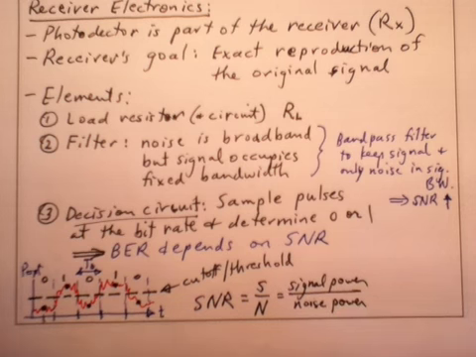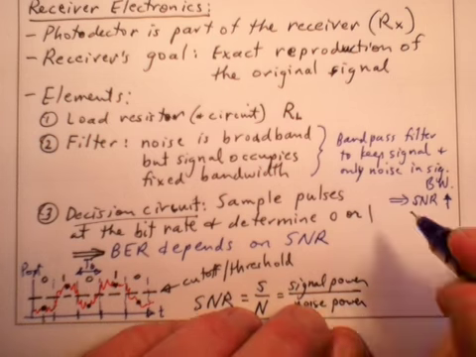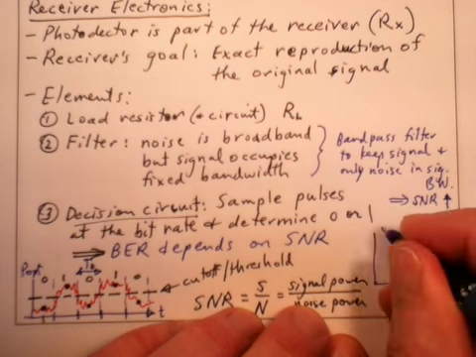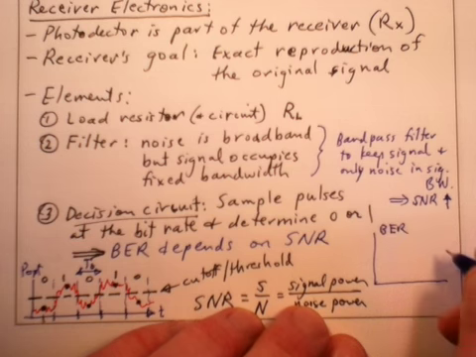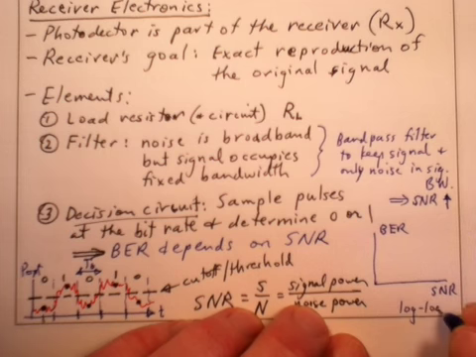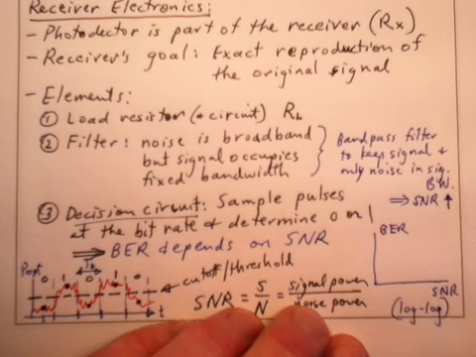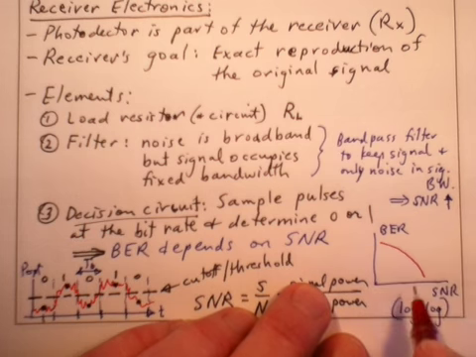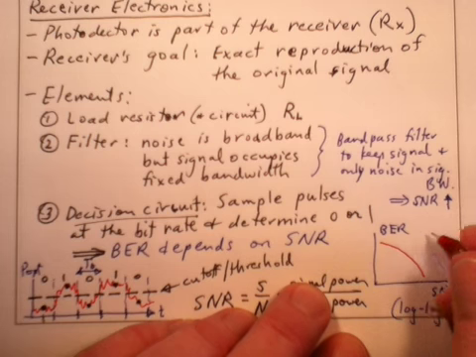And in general, if we plot, and I'm sorry, this is kind of getting small here, the bit error rate versus the signal-to-noise ratio on a log plot, what we're going to see is what's called a waterfall plot. As the SNR goes up, the bit error rate comes down.